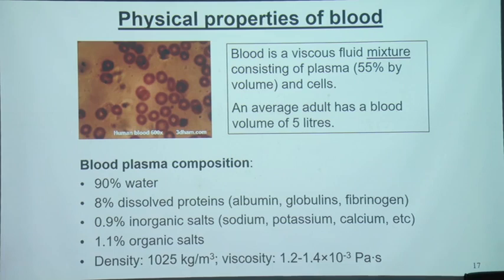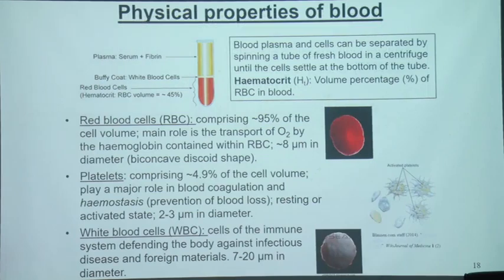If we look at the plasma composition, it's mainly water: 90% of the plasma is water, and the rest are dissolved proteins and salts. So the physical properties of plasma are very close to those of water. Density is slightly larger than that of water, and viscosity is also slightly larger.